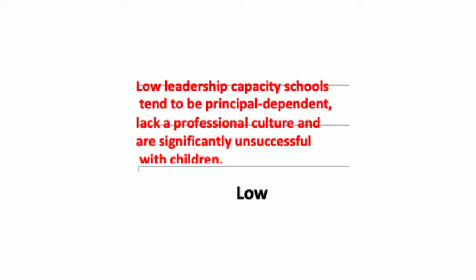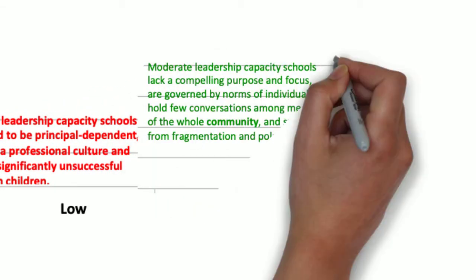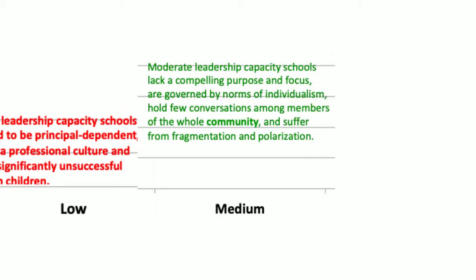The first one is low leadership capacity schools, which she says tend to be principal dependent, lack a professional culture, and are significantly unsuccessful with children. She then moves on to describe what she refers to as moderate leadership capacity schools that lack a compelling purpose and focus, are governed by norms of individualism, hold few conversations among members of the whole community, and suffer from fragmentation and polarization.